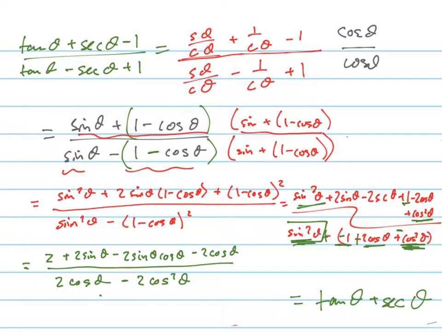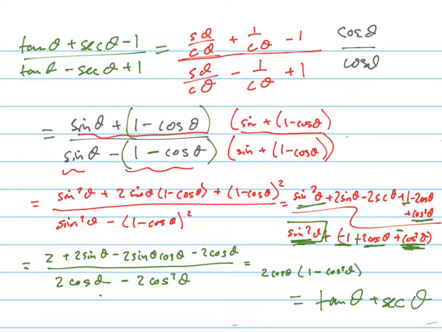Okay, now what I'm going to do is I'm going to factor out 2 cosine theta from the bottom, and I'll be left with 1 minus cosine theta. Did I do that right? If I factor out a 2 cosine theta, yeah, and then in the top I'm going to group these things.